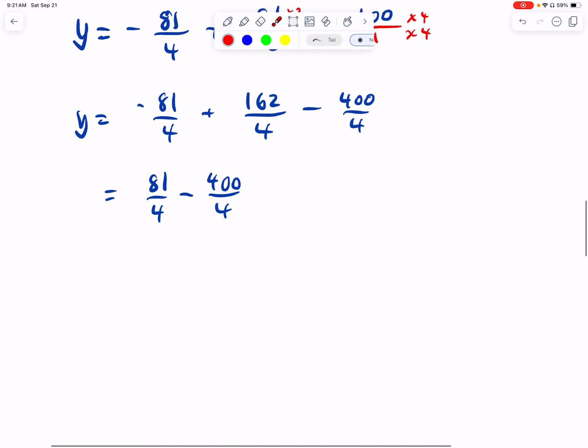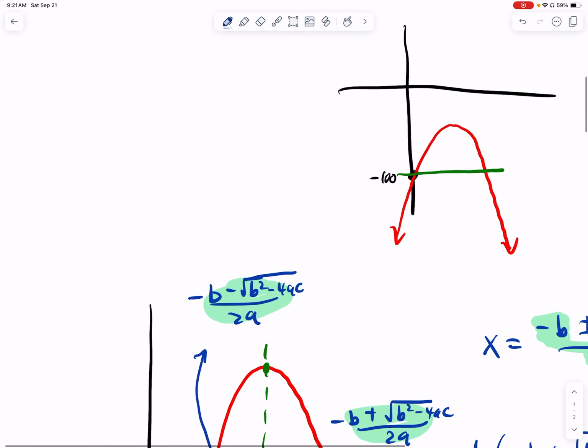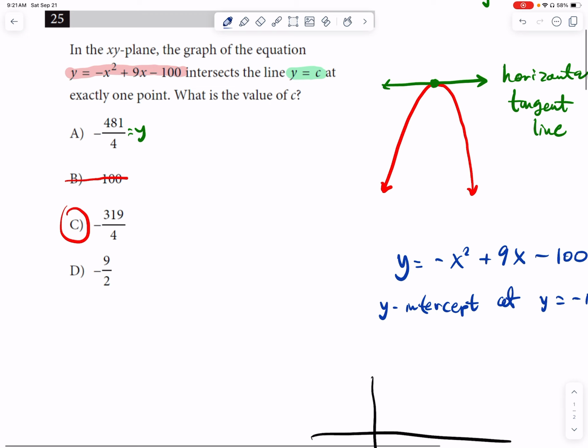If this was exactly 80, I know that that would equal 320/4, but it's not. It's one more than that, so I need to take one more away from that number, and that's going to make that 319. And don't forget, you got to keep your negative sign there. And of course, that was the answer choice that we selected from the Desmos graph, 20 minutes ago.